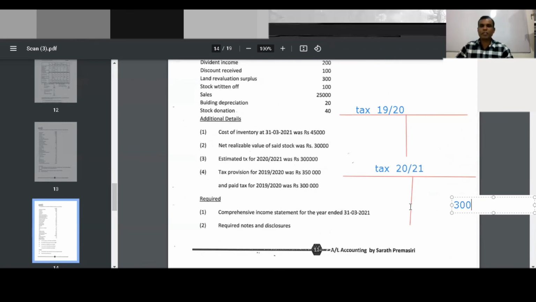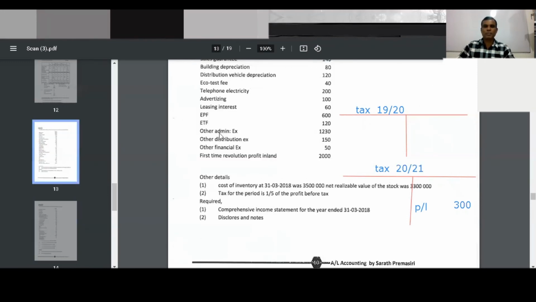Here it should be recorded in the profit or loss statement. Now, double entry: profit or loss statement debit, and then tax account credit. This is how it should be recorded. Now, if I show you the place, this is how you have recorded.